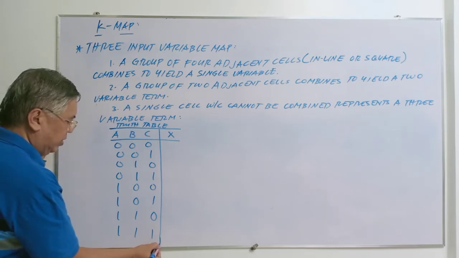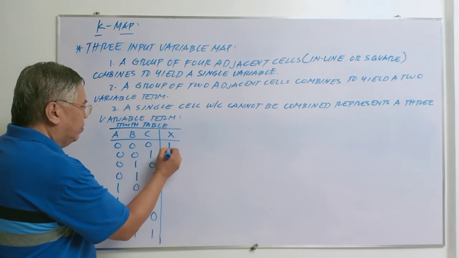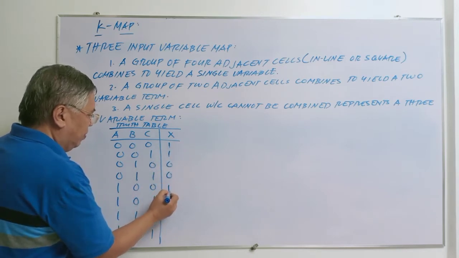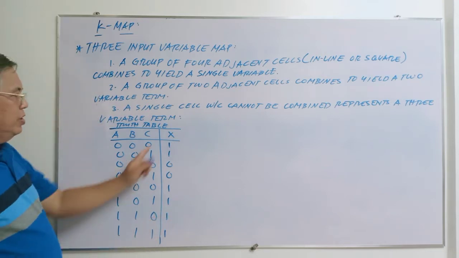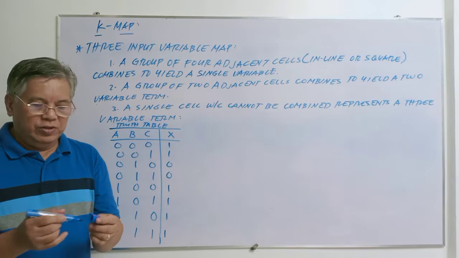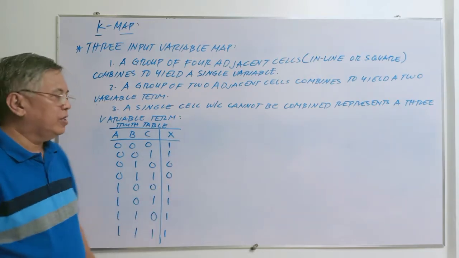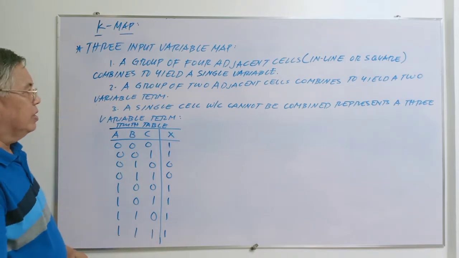Then let's say the output X is 1, 1, 0, 0, 1, 1, 1, and 1. This output is again based on the condition of a particular problem.